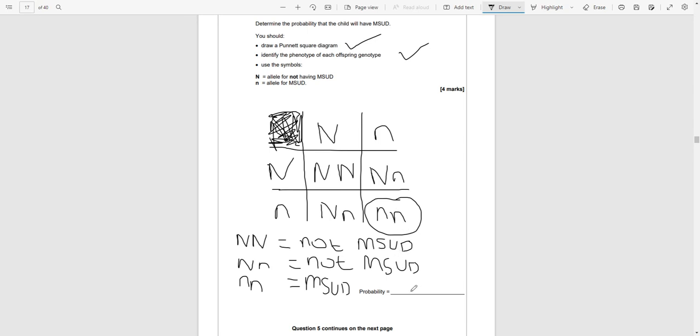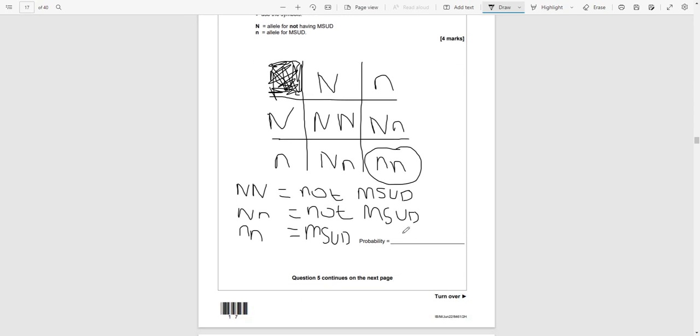Now we can do this in a variety of ways. We can either say that there is a 1 in 4 chance, that will get me a mark. We can show it as a percentage. So I've got 4 chances here, so as a percentage, that would be 25% each chance. 1 out of 4 gives me a 25% chance of the child inheriting MSUD. That would also get me a mark.